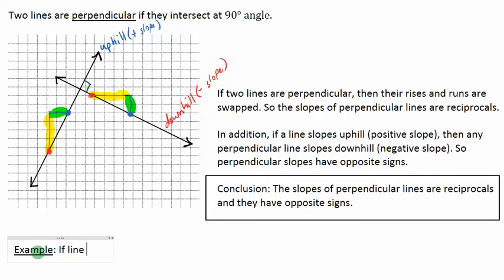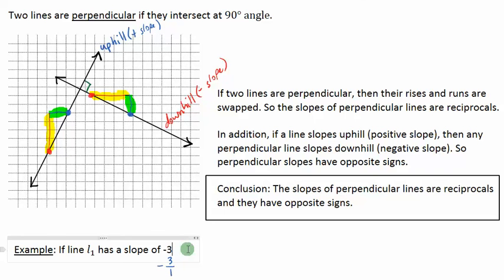If line L1 has a slope of, let's say, -3, which, by the way, -3 is a fraction, is negative, and then 3 as a fraction is 3 over 1.